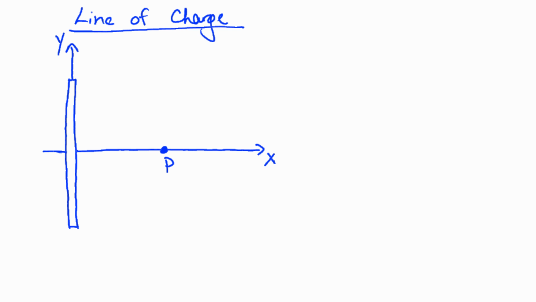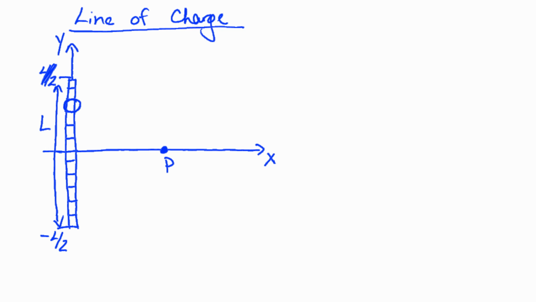Now this line of charge extends from L over 2 to negative L over 2, making the whole length of the charge length L. Now we'll divide this wire into small little segments, and we'll start with examining what the electric field is at point P due to just one of these segments.